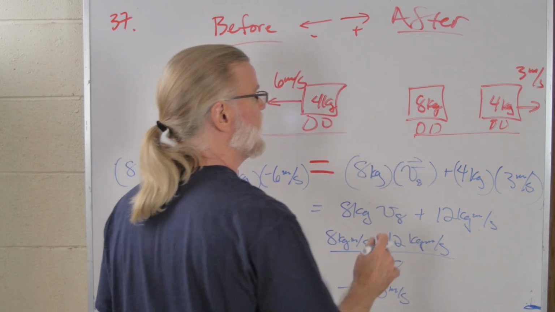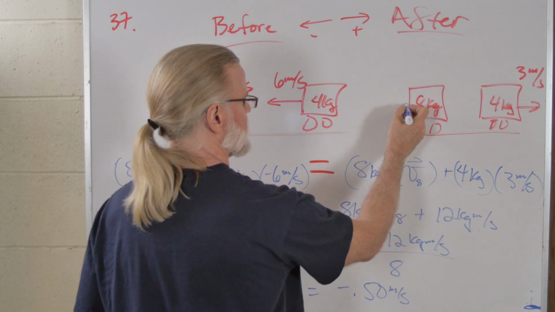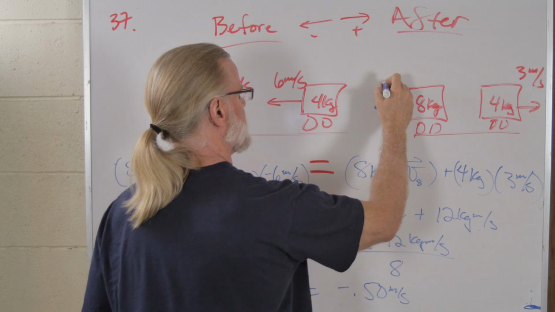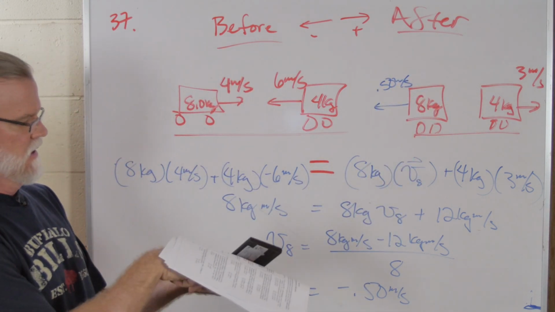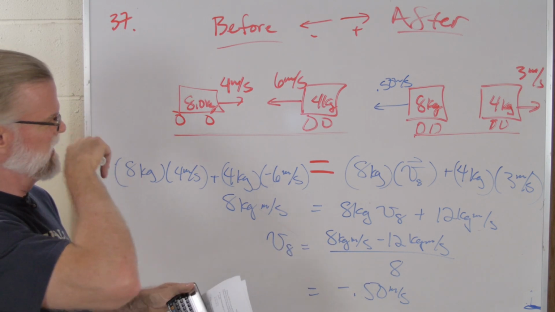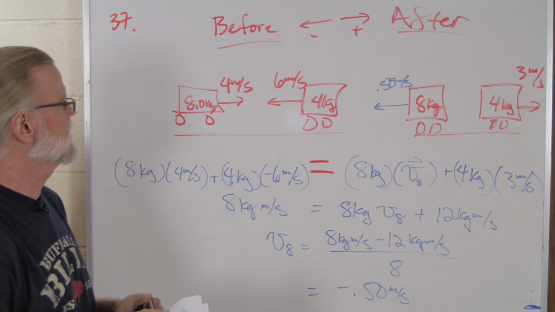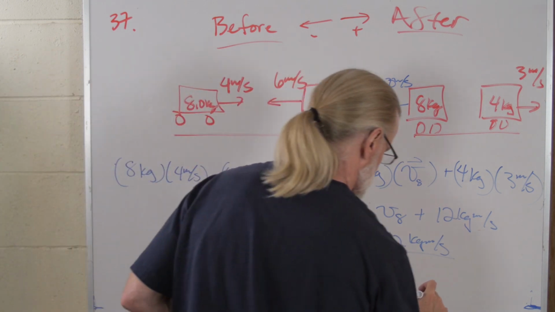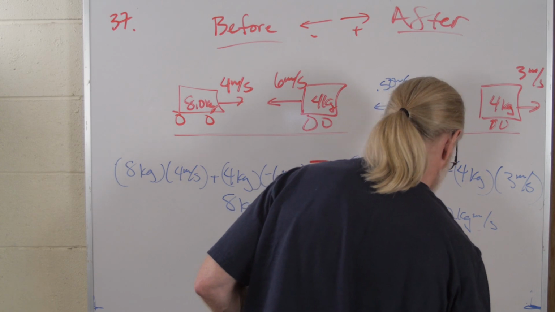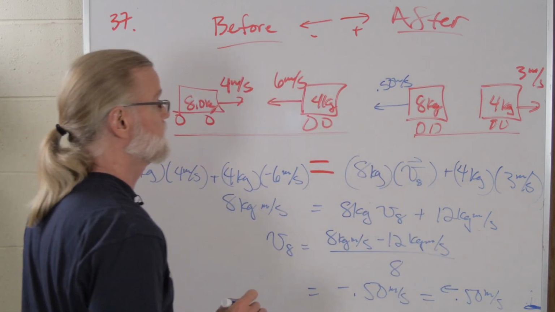So that's that way, 0.5 meters per second. Does that make sense? Looks like they bounced off each other. Sure, why not? And the negative, actually, we should just say 0.5 meters per second that way.